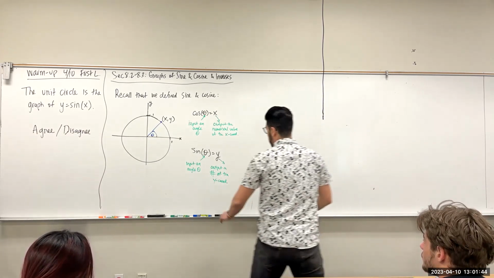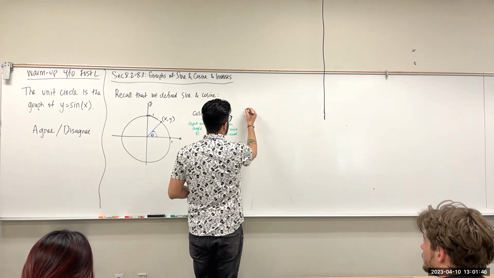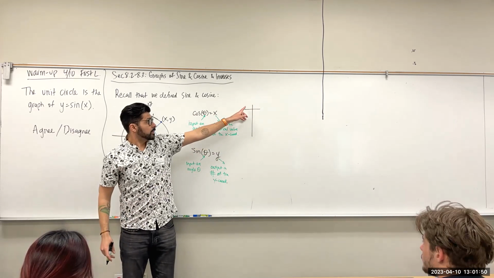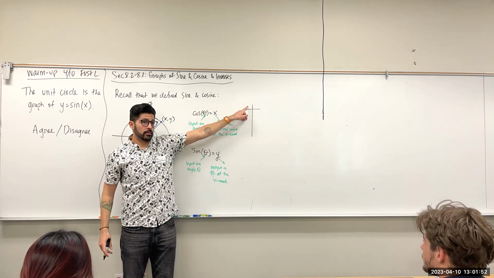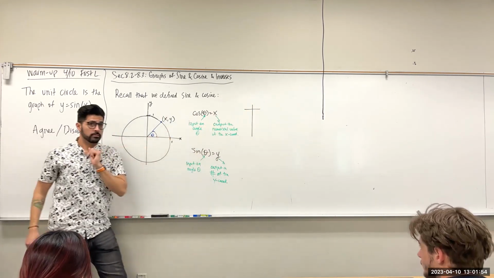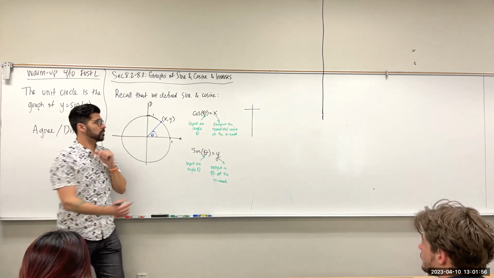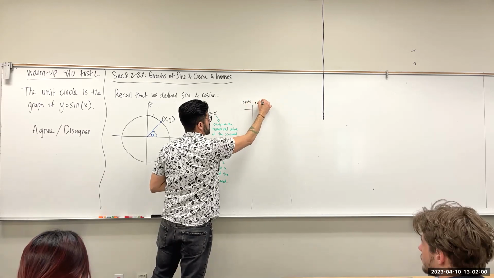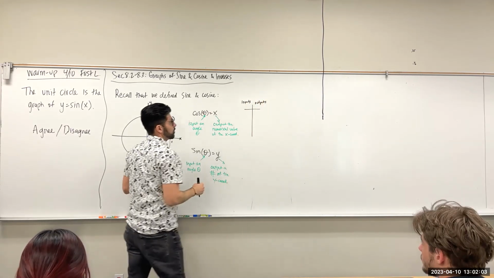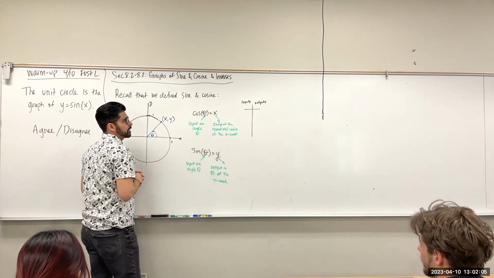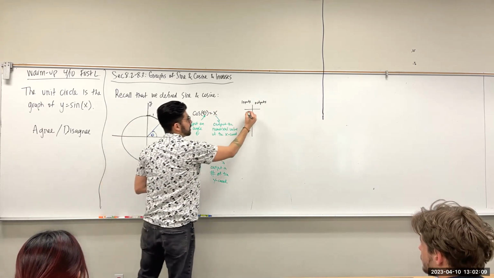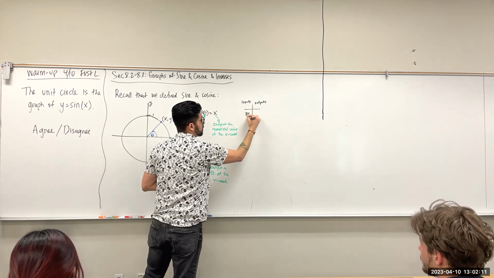So if you were going to make a t-chart, let's say I was going to make a t-chart for this guy. When we do a t-chart, you usually put the inputs here, and you put the outputs here. So give me an example of an input that you can plug in here. 3 pi over 4.